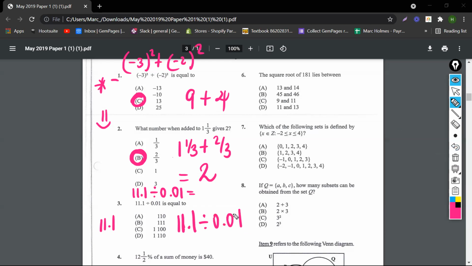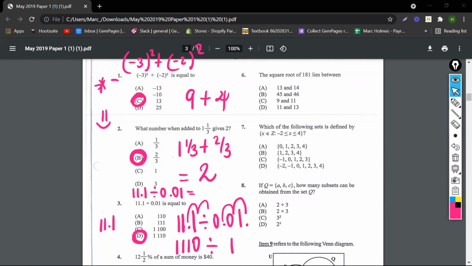So I'm going to move this decimal place 2 times, and I'm going to move the decimal place in 11.1 2 times as well. I'm going to end up with 1110 divided by 1. So my answer is definitely D. This is also very easy.